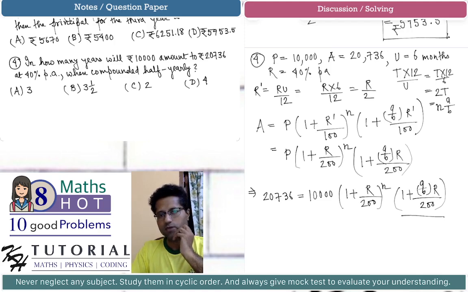Only when you are asked to find the period of time, that is T, and if you are using this general formula. So if we consider the fractional part a by b to be 0, then this whole part will become 1. So now the expression will be a little simpler. We have this.